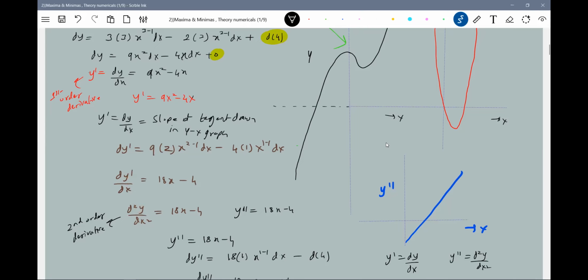So what is the basic idea? If you differentiate again, this is written as d square y by dx square. Later in mathematics, you are going to explore all these things. The derivative of this is d by dx.